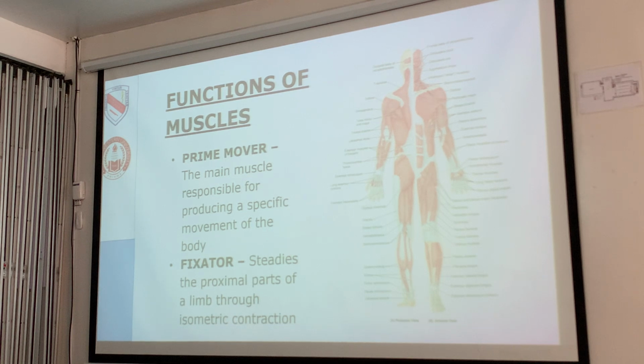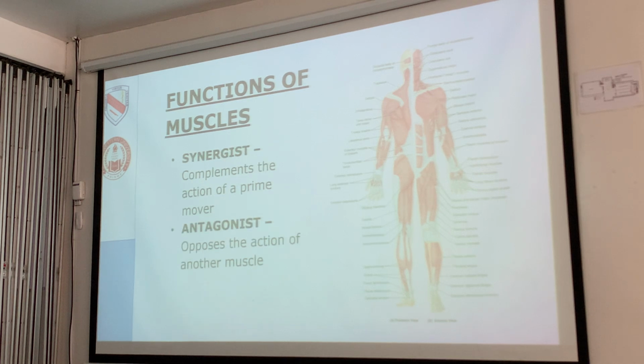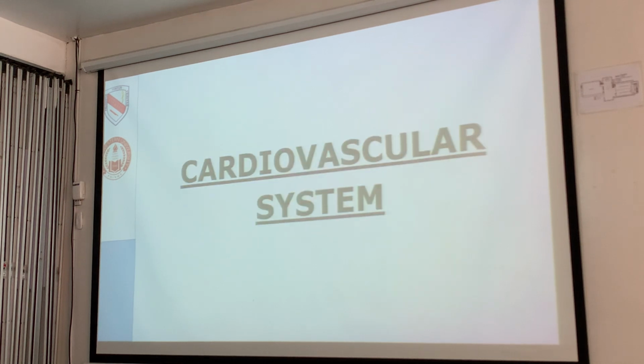The prime mover, as the name says, is responsible for producing the specific movement of the body, but the fixator just supports. You could have the synergist, which complements the action of the prime mover, and the antagonist, which opposes the action of another muscle during movement, just for stabilization.